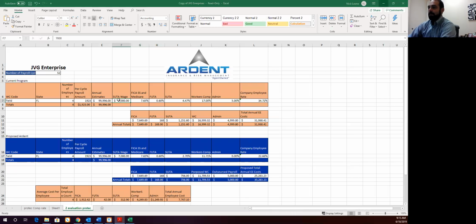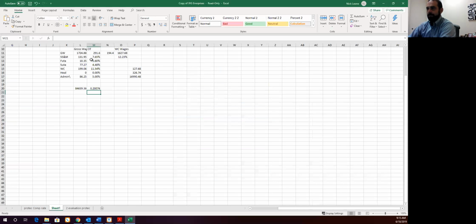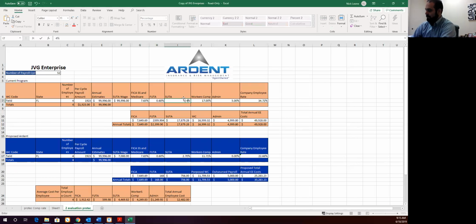So with them, we're going to set the SUTA wages at that, because that's what they're getting charged. So we see that our rate for FUTA is there, 4.48. We'll enter that over here. And the effective workers' comp rate of 20%.